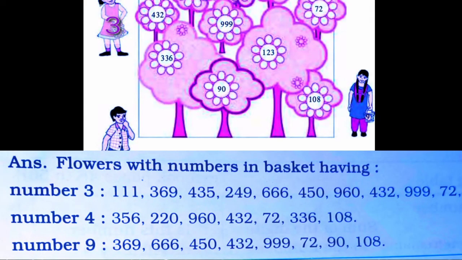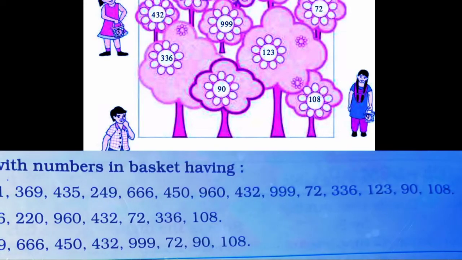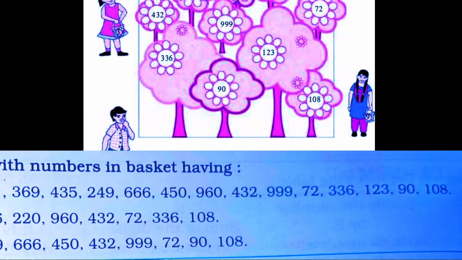One has 3, another 4, and the third child has the basket numbered 9. We have learned the rules already, so now just write down the answers. Children, by using the divisibility test, we have written the numbers over here. You also try to do it yourself and check the answers.